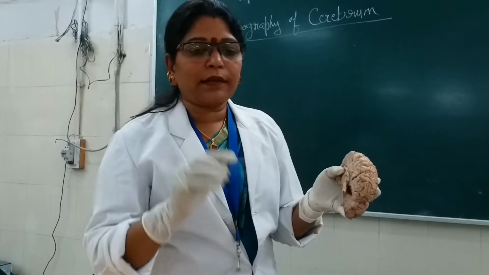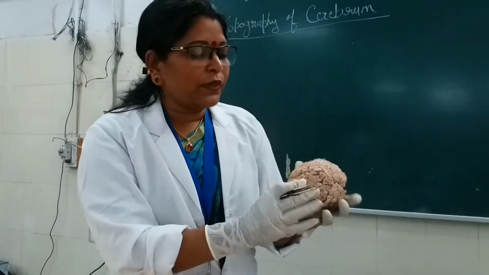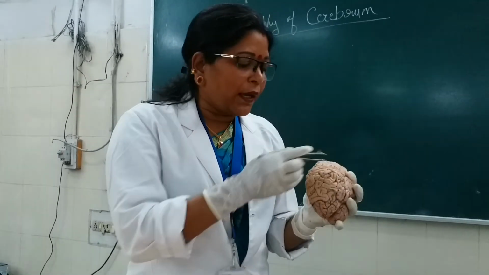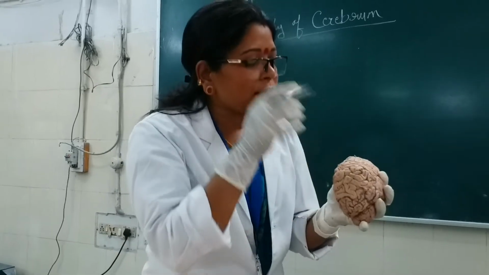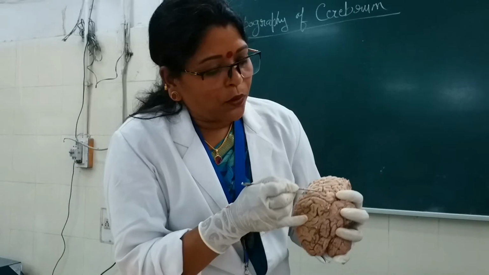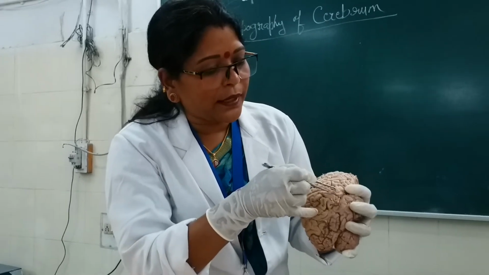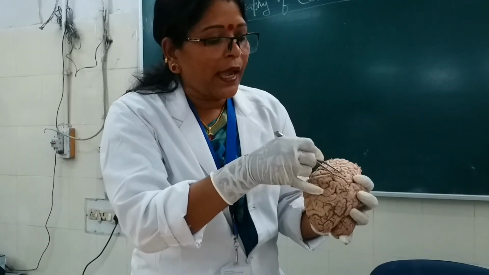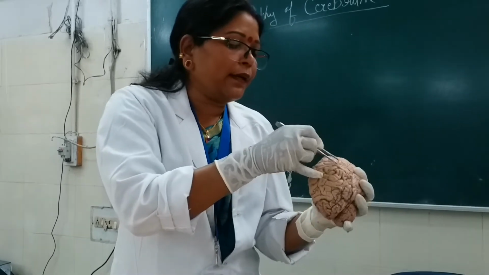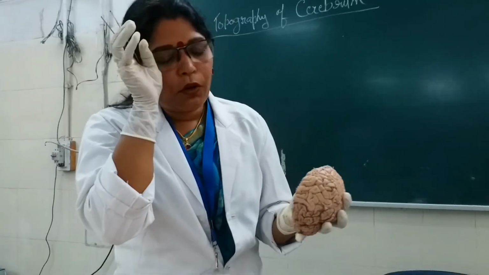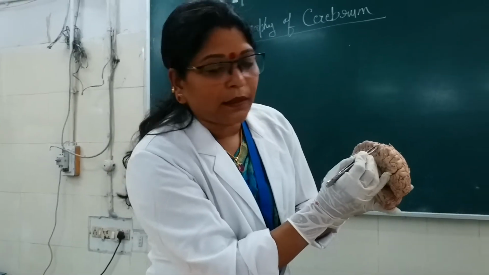A very important thing to understand here is the motor or sensory representation of the body, which is upside down. That means a person is lying here: the mouth, the lips, the pharynx, the tongue are represented on the inferior aspect of the motor area, and then the head, then the trunk, then the hand, the upper limbs. But what about the lower limbs? The leg and the foot and the perineal area.